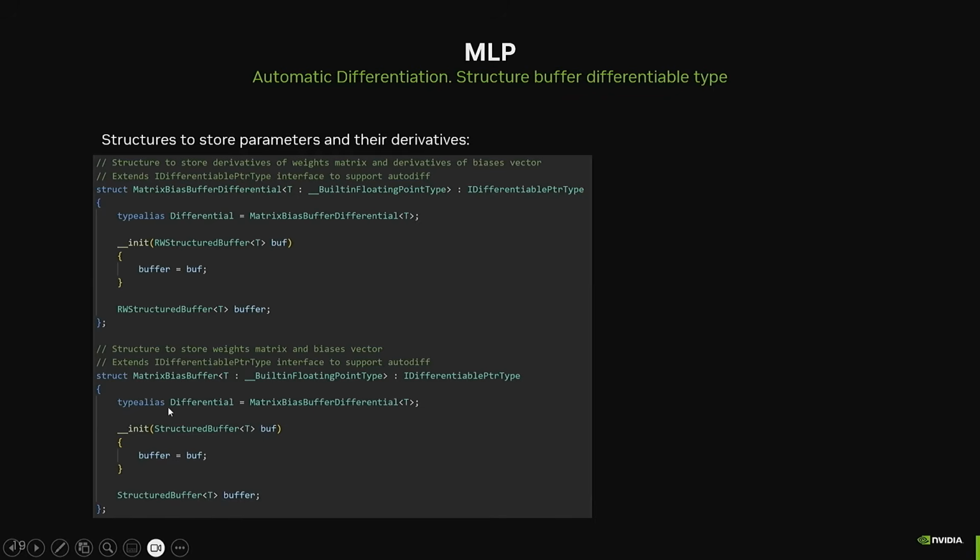You can see the type alias Differential, and it points to another type where we store those derivatives. Now it's a read-write structured buffer, because we write derivatives to that buffer. Again, we declare it as the Differential type alias, so Slang can recognize it as storage for derivatives.